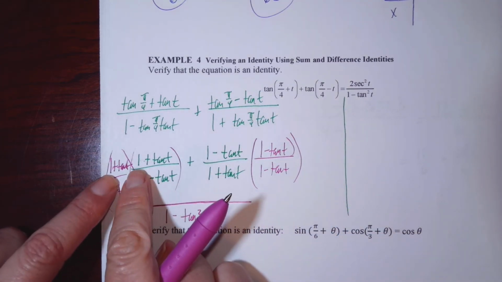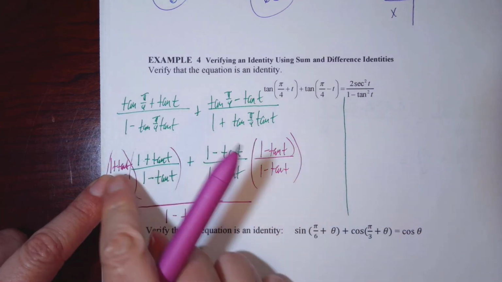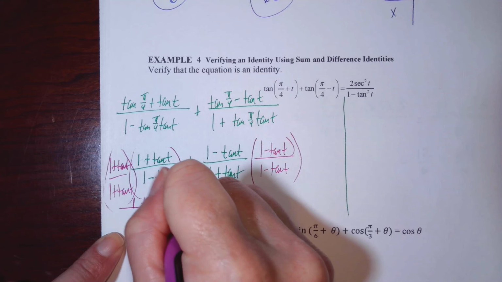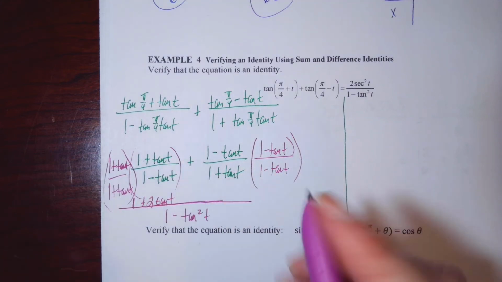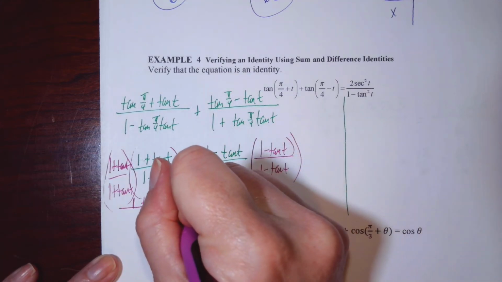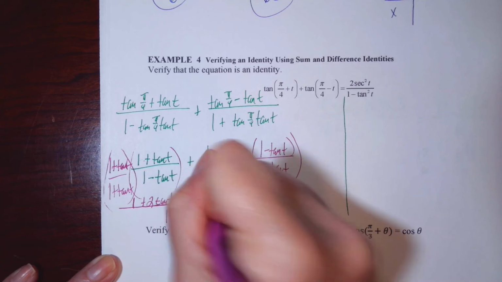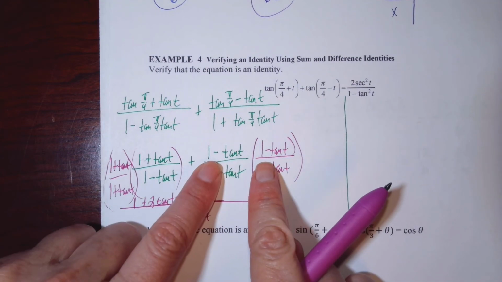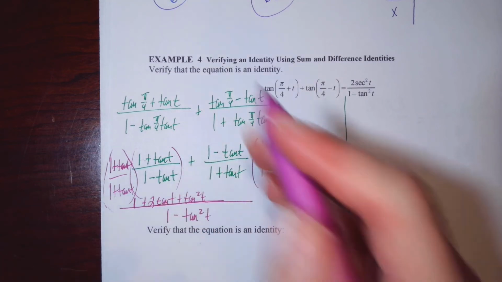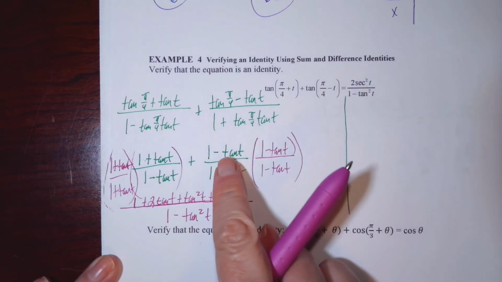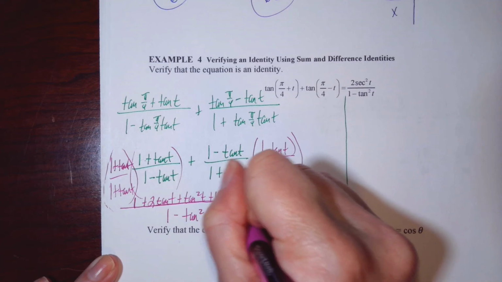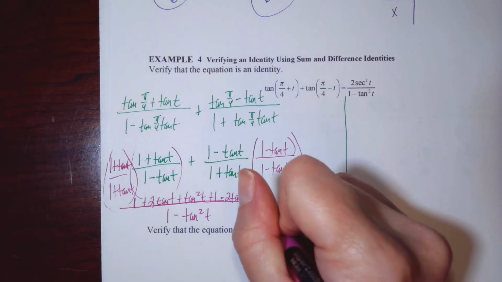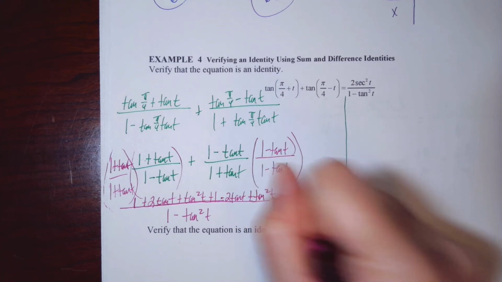Here, FOIL: 1 times 1 is 1, plus tangent t is plus 2 tangent t, and then tangent t times tangent t is plus tangent squared t. Now for this one, same thing, only I've got negatives here. 1 times 1 is 1, so plus 1. Negative is minus 2 tangent t, and then plus tangent squared t.